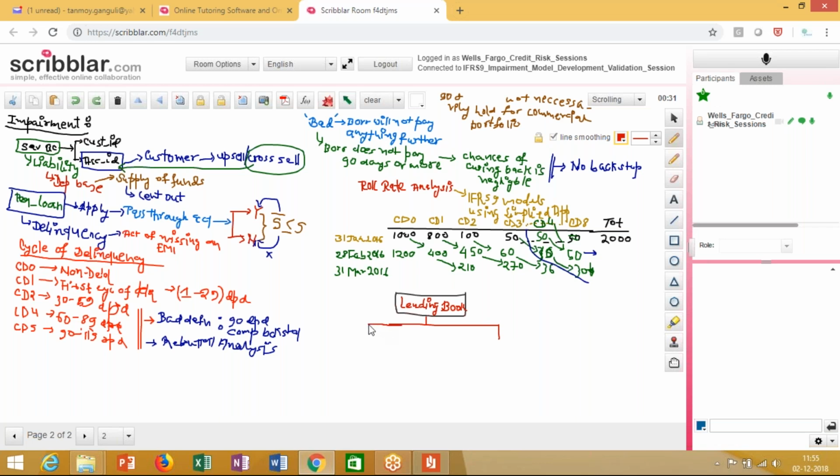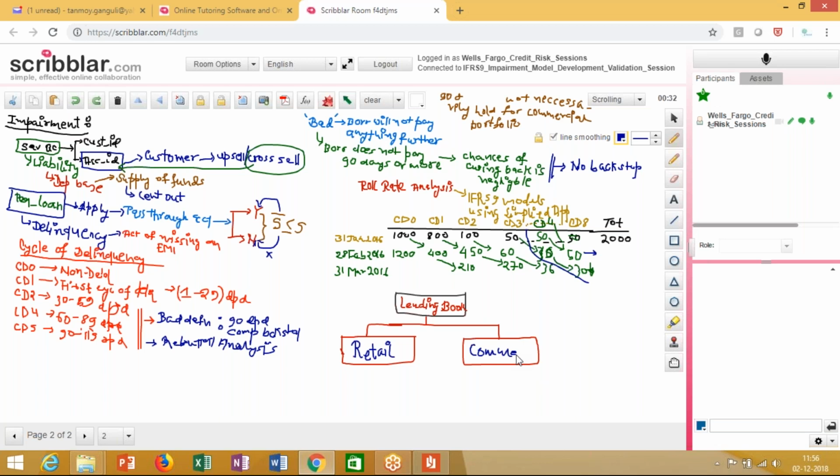One is your retail book, the other is your commercial book. Retail. Commercial.